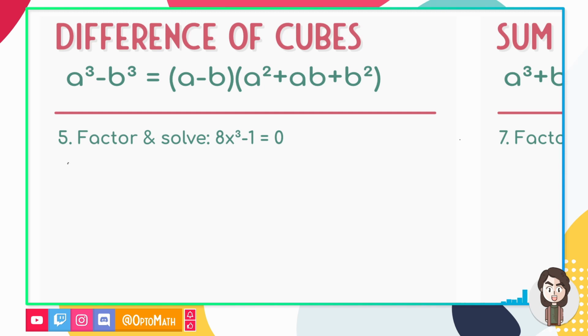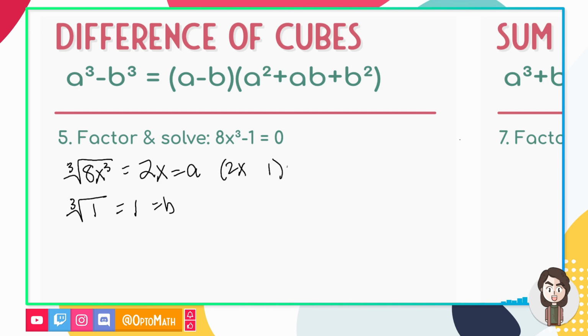So number 5, let's factor and solve this. Instead of finding our a and b with the square root, we'll take the cube root of each of these. So 8x cubed, the cube root of that is 2x, which is our a. And the cube root of 1, remember we're not taking the sign with us. The sign tells us what type of pattern we're using for factoring. That's 1, which is our b. So we're going to do 2x, 1.